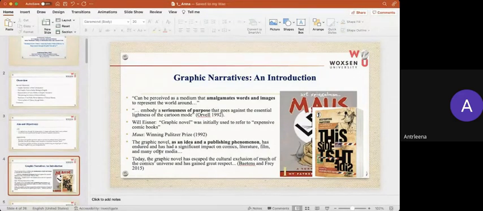But with the publication of Maus, a graphic novel on the experiences of the Holocaust, by Art Spiegelman, and especially after it won the Pulitzer Prize, graphic novels began to be taken very seriously, and even in India we had a lot of important writers engaging with this medium to express their socio-political opinions. So the graphic novel, as an idea and a publishing phenomenon, has endured and had a significant impact in comics, literature, films, and many other media.